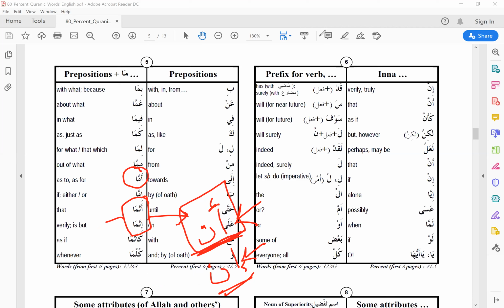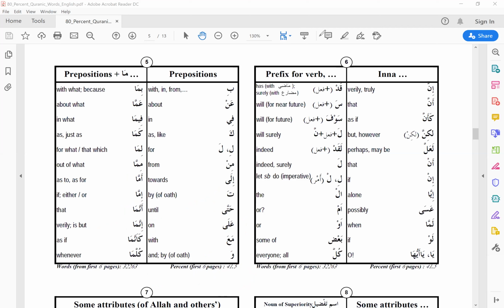Let's move on. Ka'annama. Let's deconstruct again. Now, ka'annama is formed of the letter ka, which is this one, and anna and ma. See, look at it. To deconstruct it, it's three different words at the same time. Ka and anna and ma. And all this would mean as if.